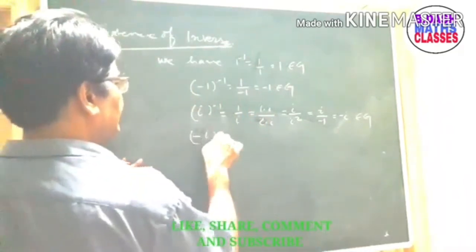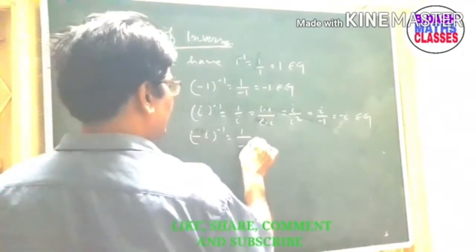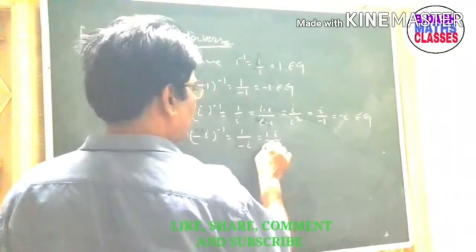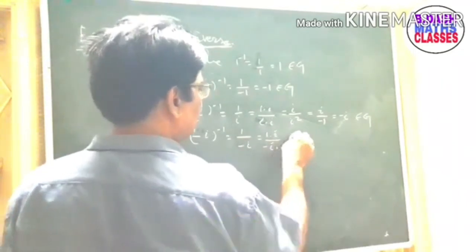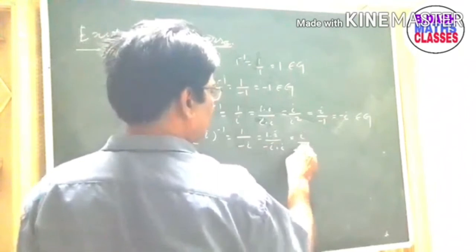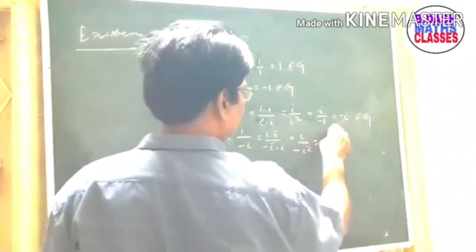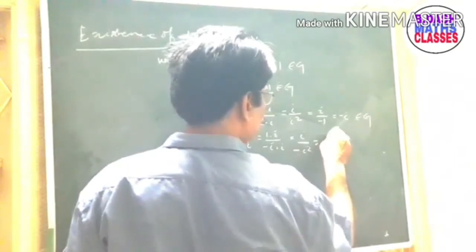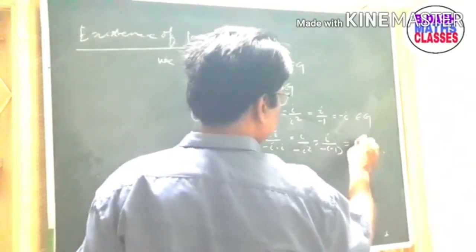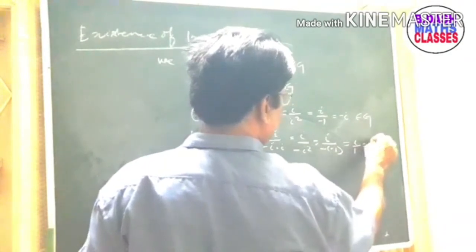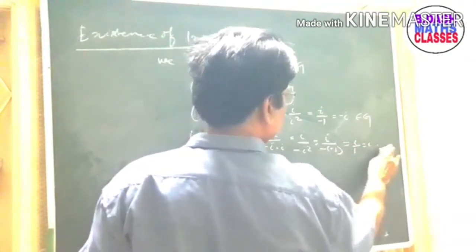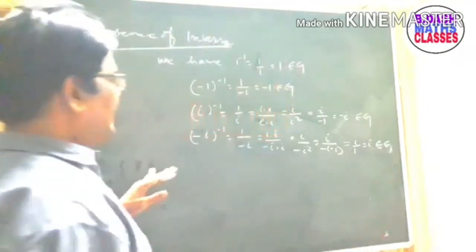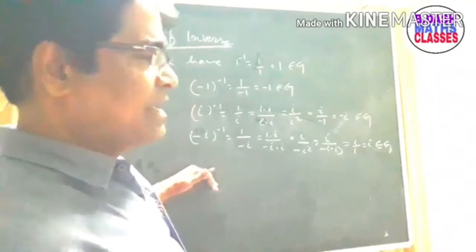Then -i inverse: 1/-i = (1 × i)/(-i × i) = i/(-i²) = i/(-(-1)) = i/1 = i, which belongs to G. So the inverse of -i is i.